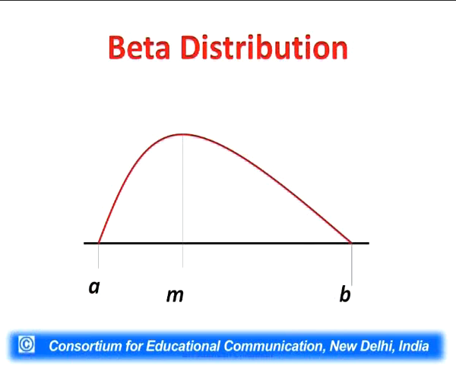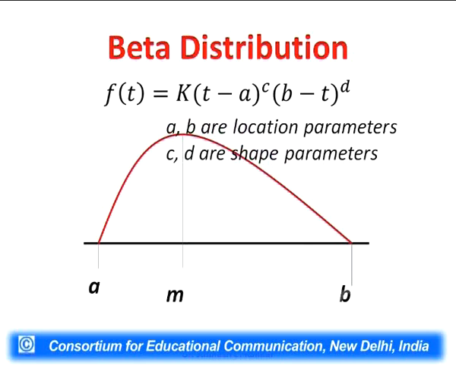Beta distribution, as I have already told, is positively skewed. The formula for this is f(t) = k (t - a)^c (b - t)^d. A and b are location parameters which will locate the beta distribution curve.